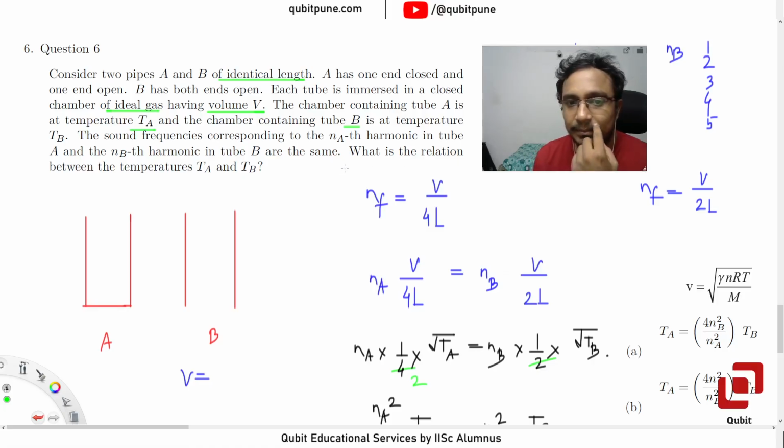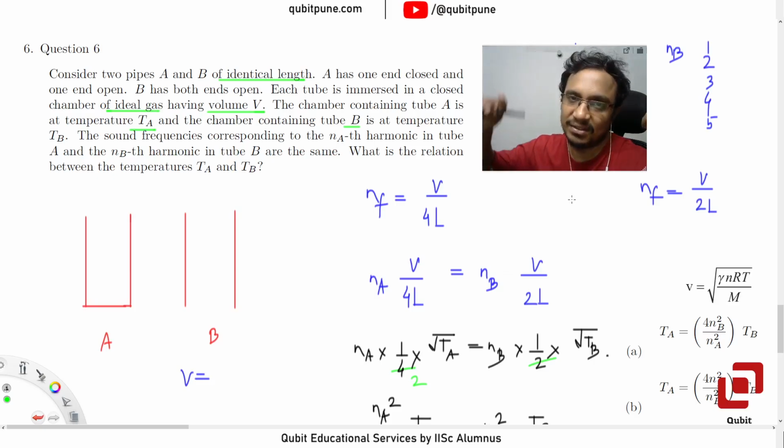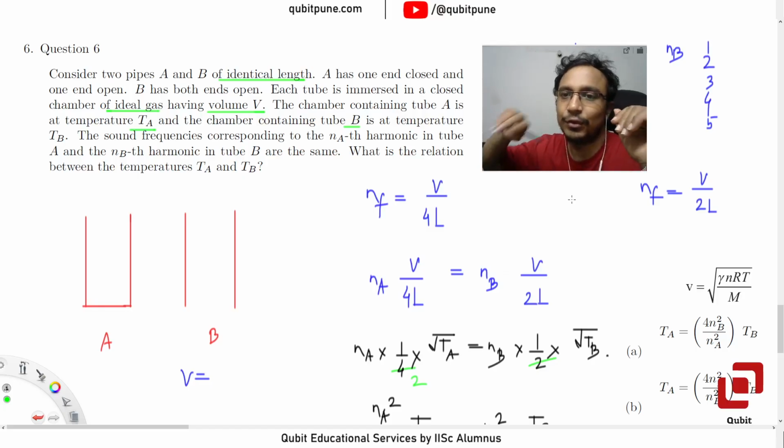So Na is equal to Nb. The frequencies are same. What is the relation between the temperatures TA and TB? I found this pretty simple, except for the fact that they have not given the overtones here. That actually makes it a bit easier. क्योंकि overtones count करने के लिए हम बोल रहे हैं कि 1st, 2nd, 3rd, 4th overtones for both.